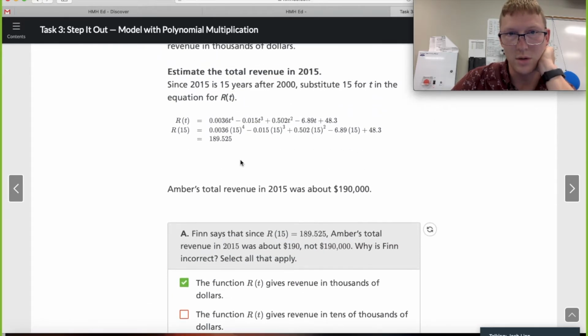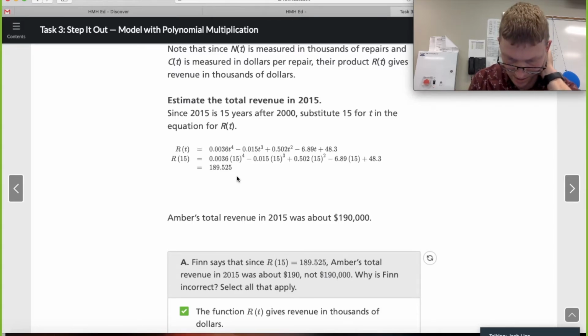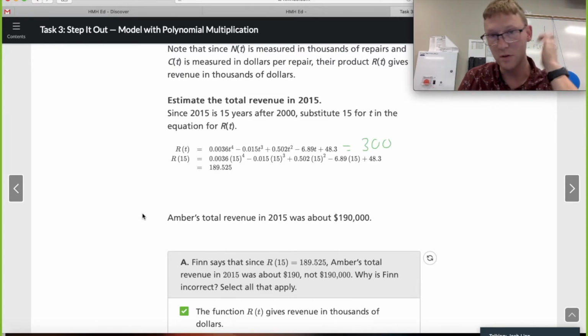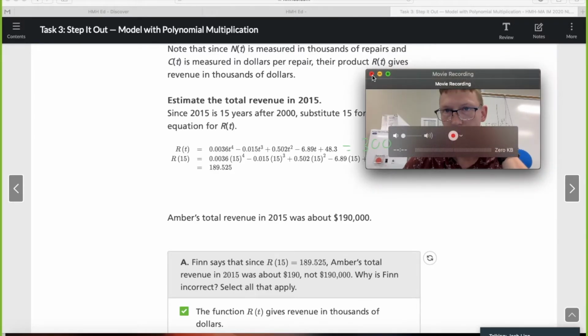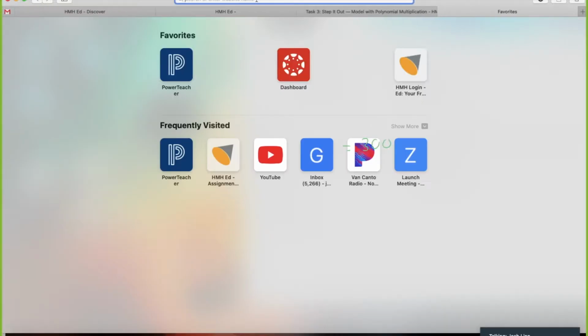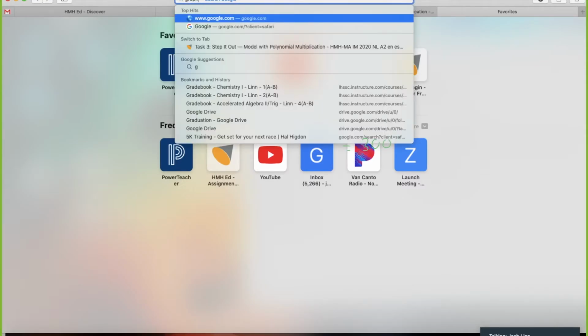So now we've got this equation, and again, we don't have the algebraic ability to solve it, but basically we would set that equation equal to 300, because remember it's in thousands of dollars, and then we're going to pull up our calculator, which of course I wasn't ready for, but that's okay.